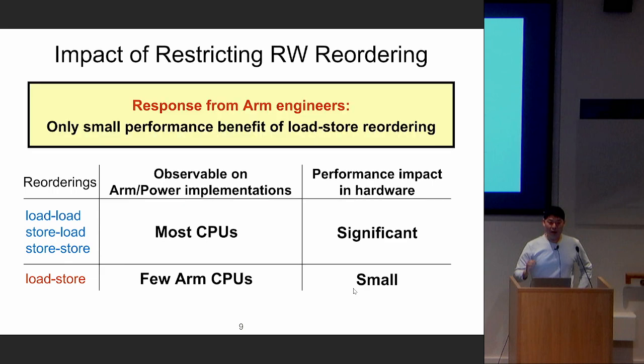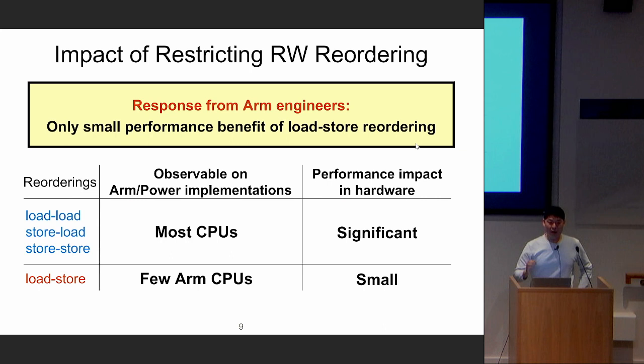I talked to an internal guy in ARM, and also to several hardware guys, and they were actually surprised that this load-store reordering is visible in hardware. Hardware people basically think that it's not visible in hardware implementations. This guy from ARM said that he cannot believe that load-store reordering is actually observable in hardware.